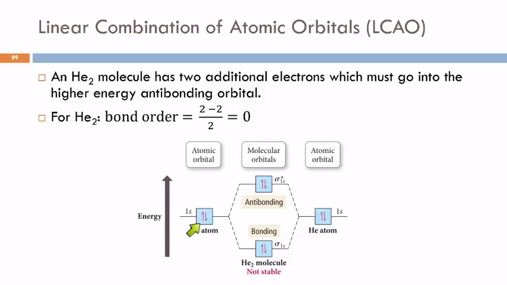But now we have 4 electrons. We have 2 here and 2 there. And so we need to put 2 in the bonding orbital, and then the other 2 are going to have to go into the antibonding orbital. That changes the bond order. 2 electrons in bonding minus 2 electrons in antibonding. The numerator is 0, and you divide by 2, and it's still 0. This bond order tells us that this is not going to happen.